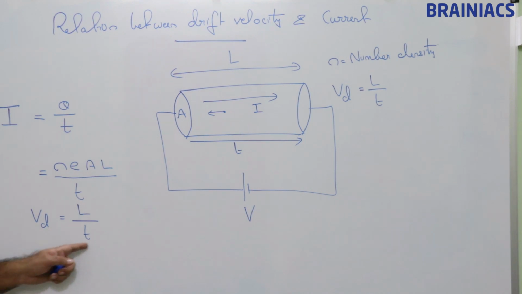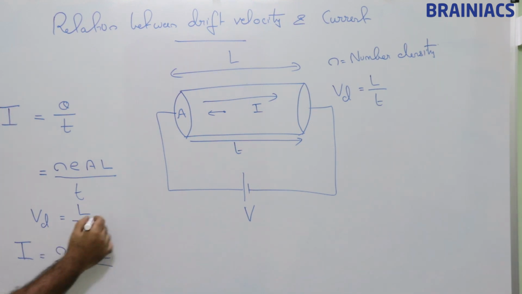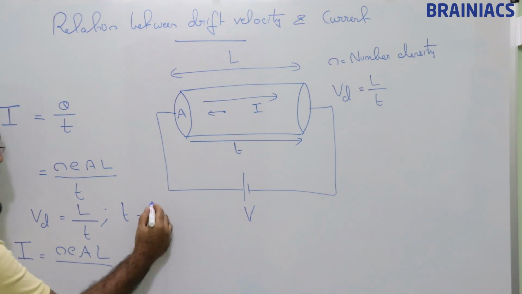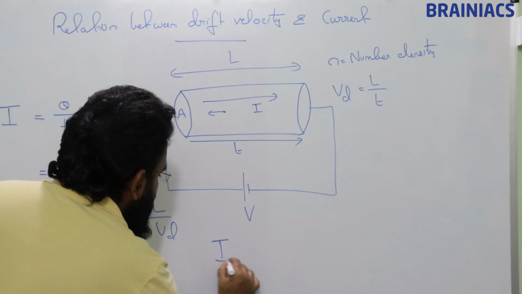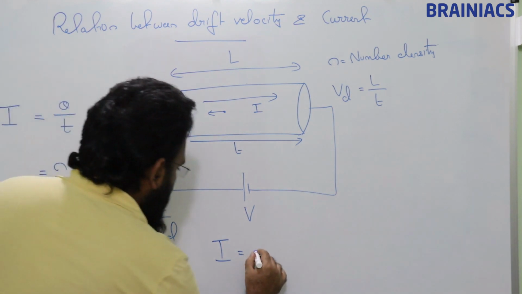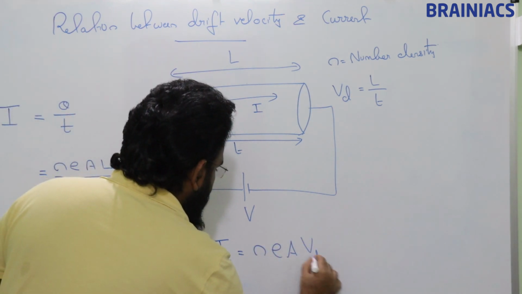Now I is equal to neAL, substituting t is equal to L by vd, L will be cancelled off. I will be getting I is equal to nevdA, that is, I is equal to nAevd.